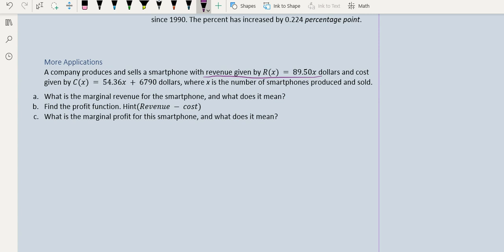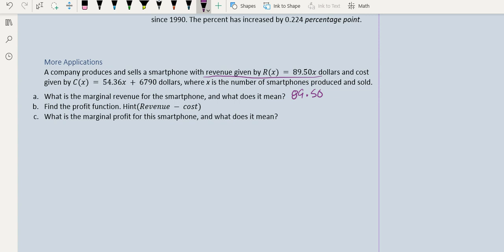So that is what our marginal revenue is, $89.50 per unit sold. So this means that the sale of each additional smartphone will result in a revenue of $89.50. That's number one. Number two, it says find the profit function.